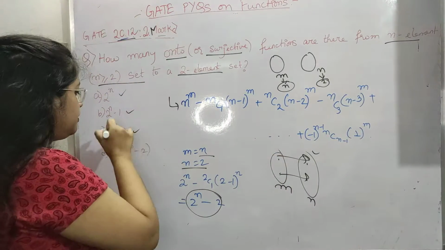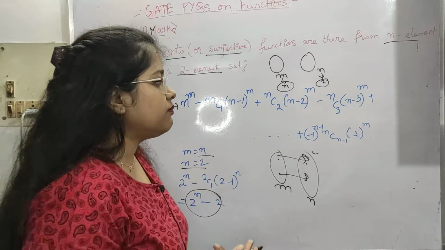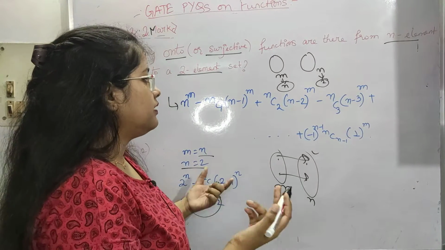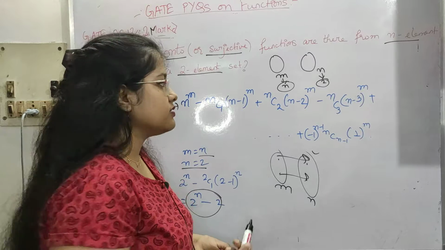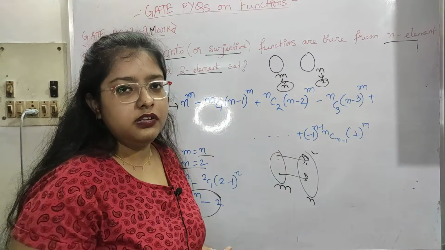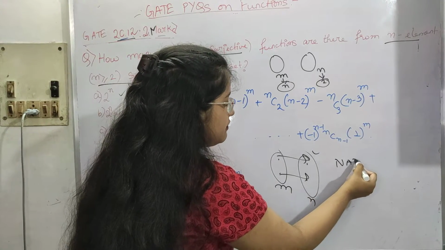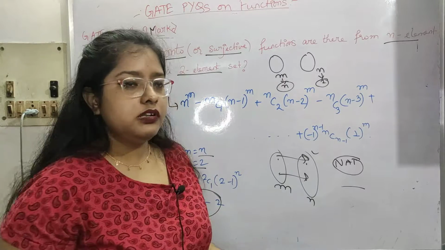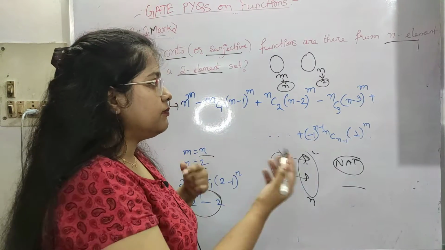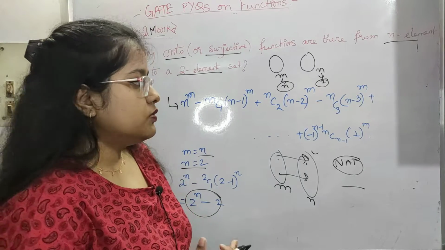But I will always suggest remembering this formula, because sometimes a big case is asked, and it is not possible to find it diagrammatically. And if it is a NAT question, no options will be given, so you have to remember it and put it in.